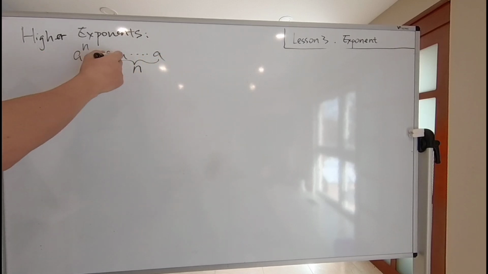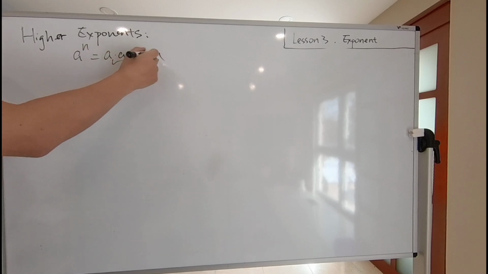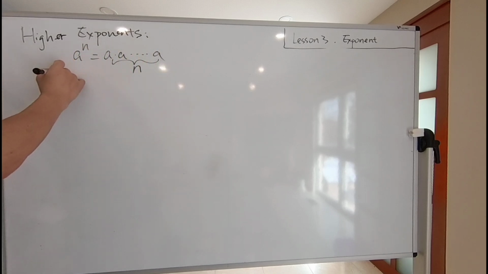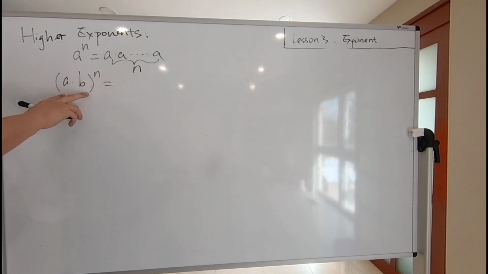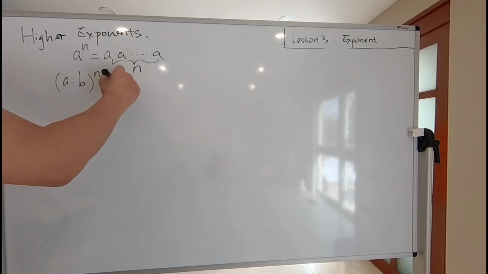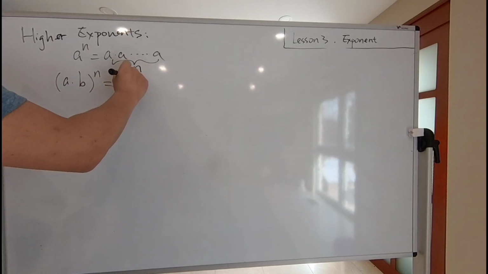The nth power of a is equivalent to n a's multiplied together. So if we review the distribution of power over multiplication, remember we just showed the conclusion for squares, but if we use the power of n instead of square, this conclusion is also true.